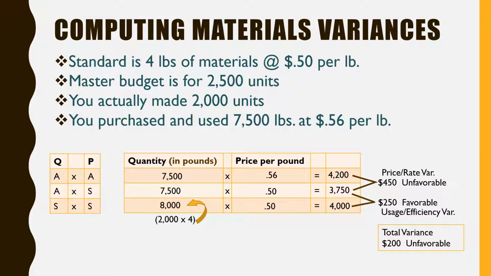But if you go talk to purchasing, it's possible that what they tell you is, well, we bought some really high quality materials, and that's why we spent 56 cents. And you see it showed because the production department had a lot less waste, so they used only 7,500 pounds. And this is where the total comes in, because you'd have to go to purchasing and say, really good idea, but we still have a $200 unfavorable.